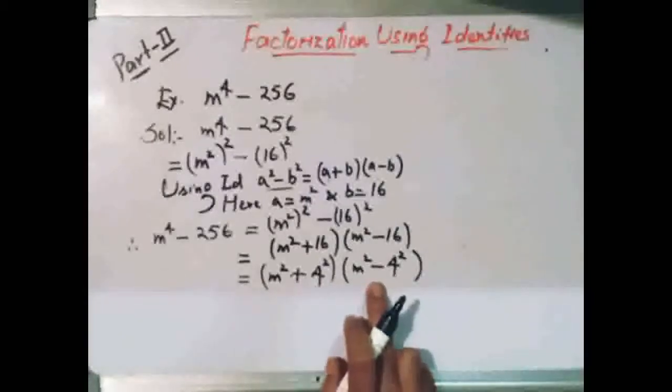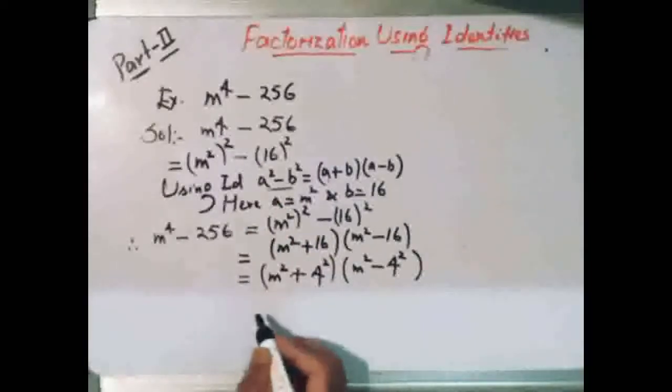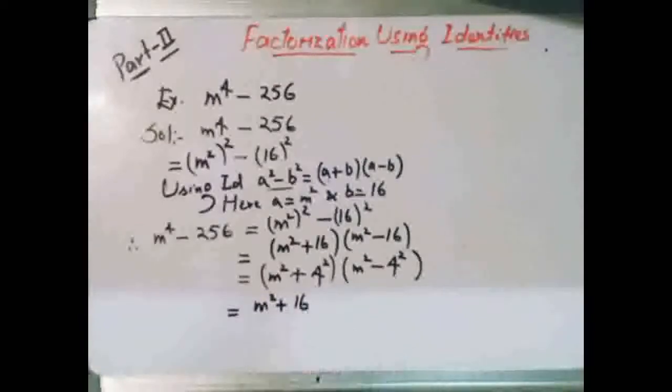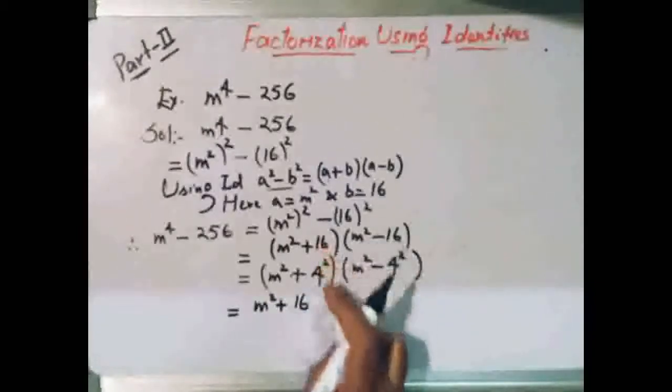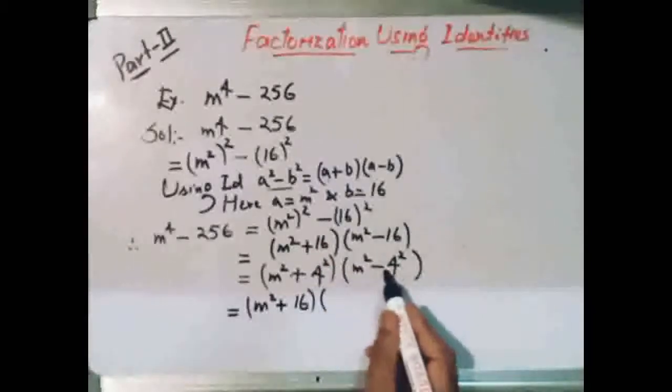But here we can use the same identity again. This will be equal to m square plus, 4 fours are 16, because this cannot be reduced further, so let's put the 16 value back, 4 fours are 16. Now here m square minus 4 square.